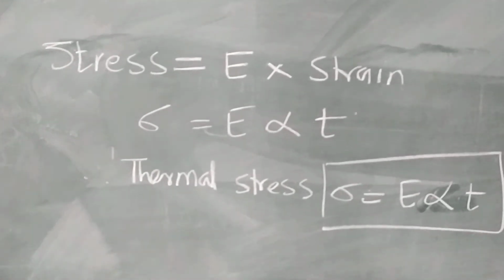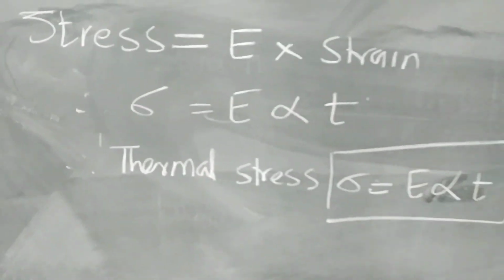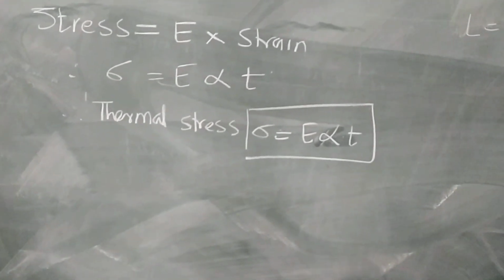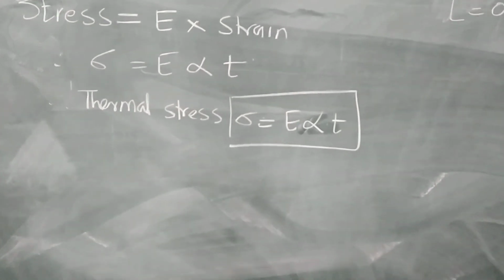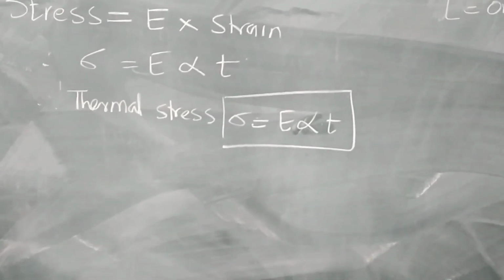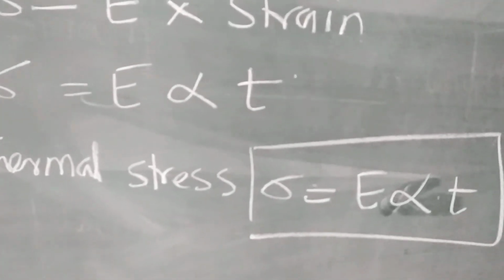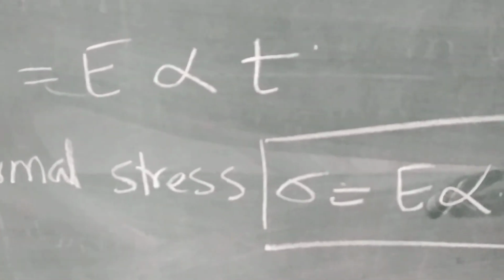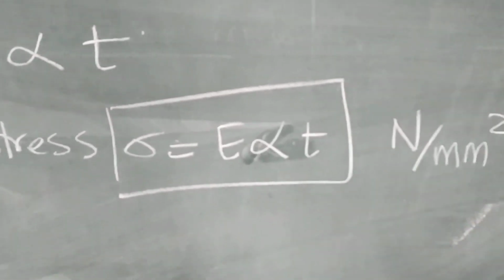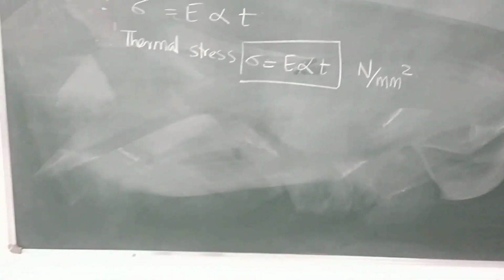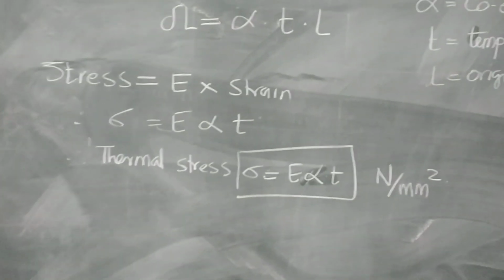Therefore, stress is equal to E into alpha into T. Therefore, thermal stress sigma is equal to Young's modulus into coefficient of thermal expansion into change in temperature. Obviously, stress has unit Newton per mm square or Newton per meter square or megapascal. So, this is all about thermal stress and strain.